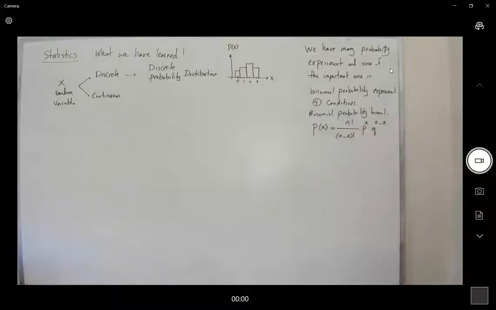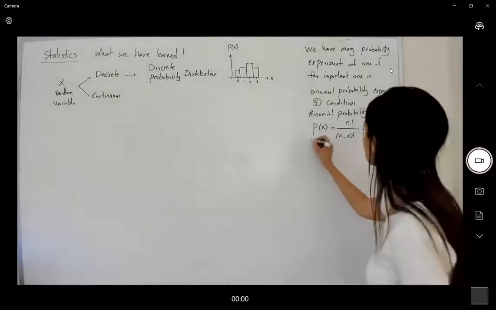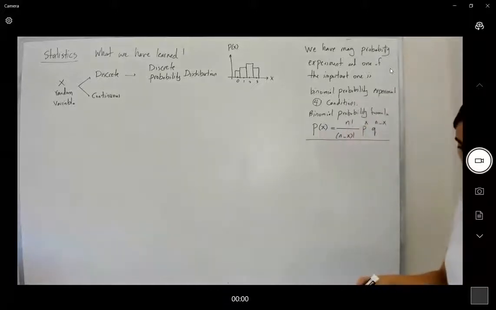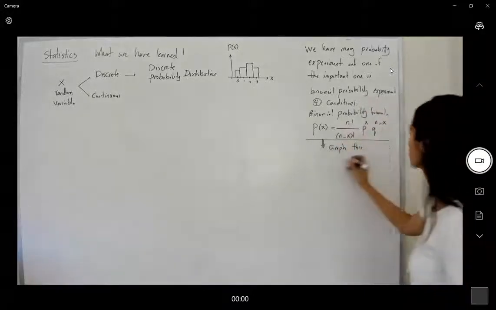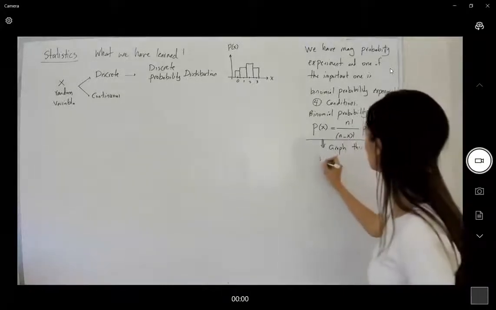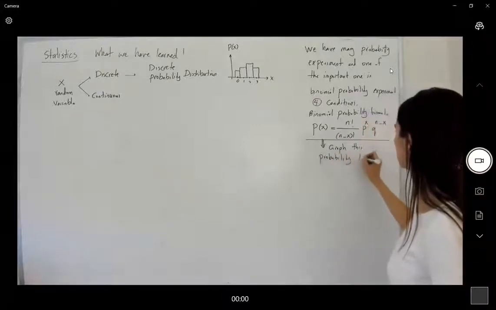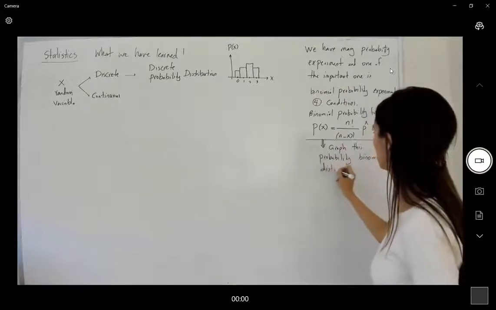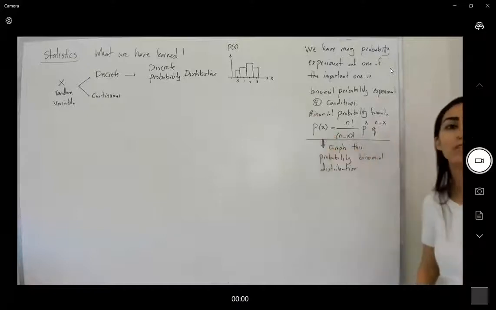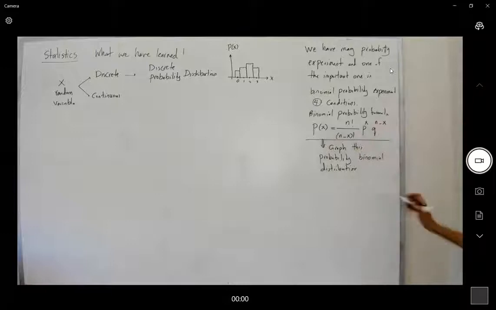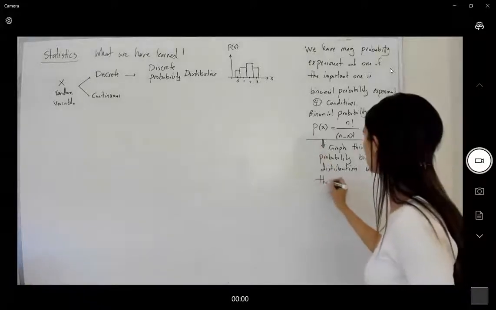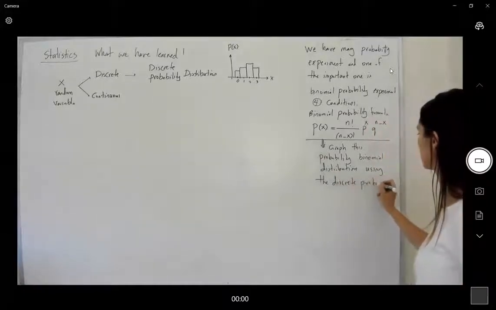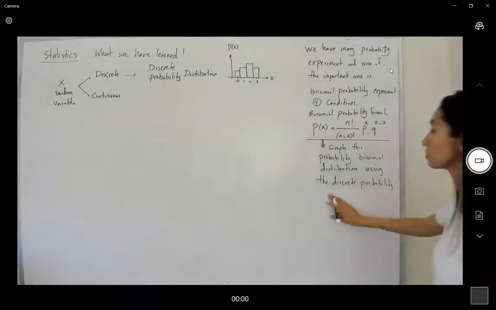After defining the probability formula for a binomial experiment, we can graph this binomial probability distribution by using a histogram, the discrete probability distribution or discrete probability histogram.